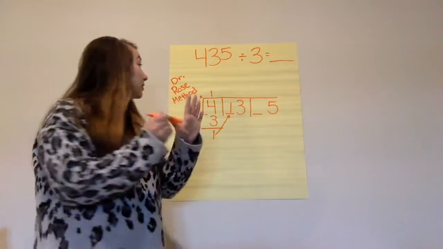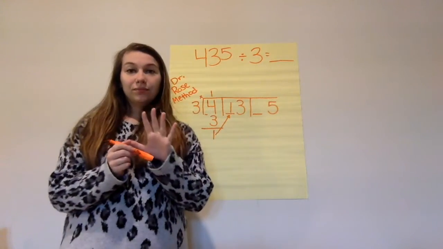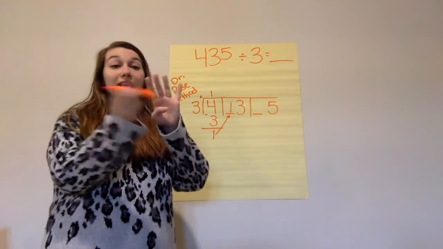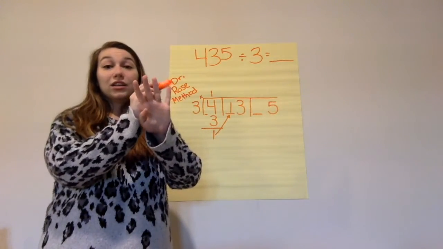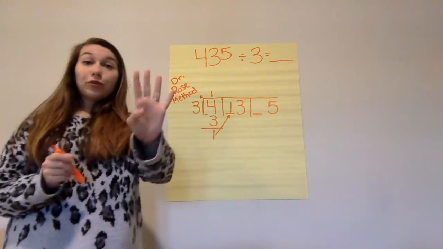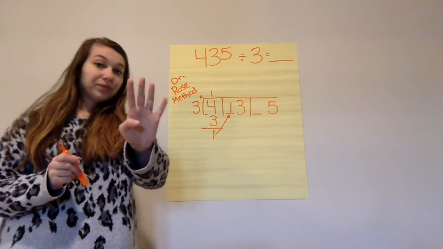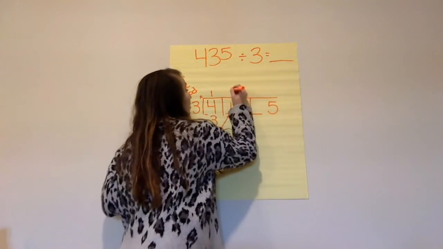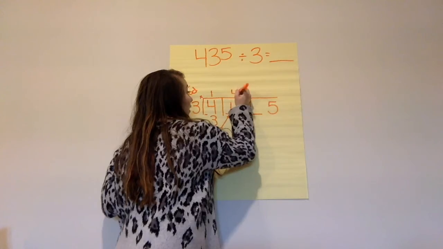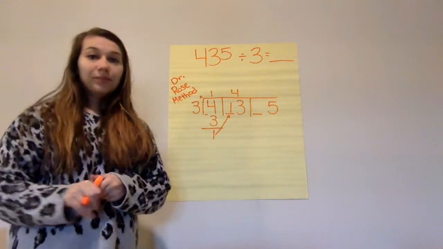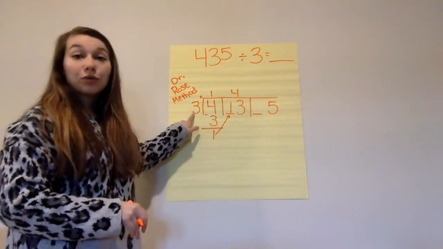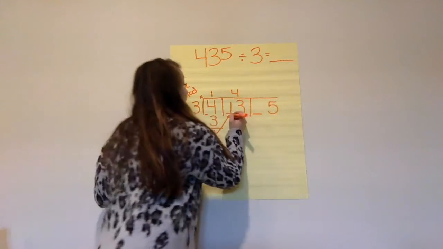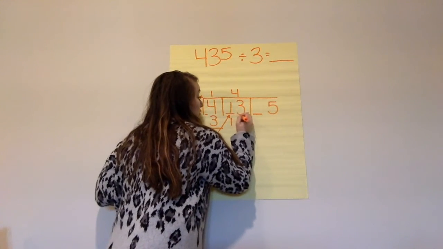Ooh, is 15 greater than 13? Yeah, so we're going to have to go back. 3, 6, 9, 12. So 3 times what gives us 12? 4. Very good. So we're going to go ahead and put this 4 right above the 13. And then we're going to go do 3 times 4, and that equals 12.